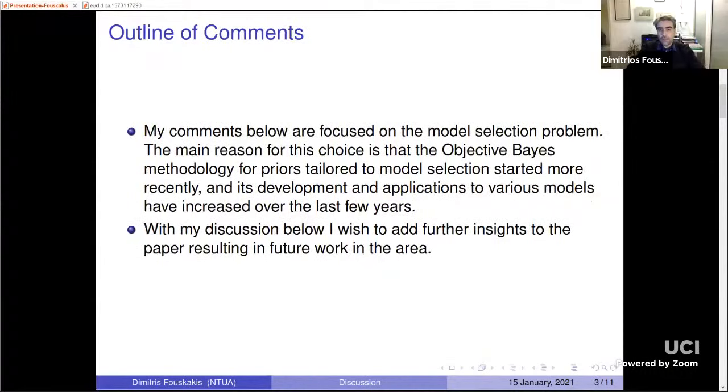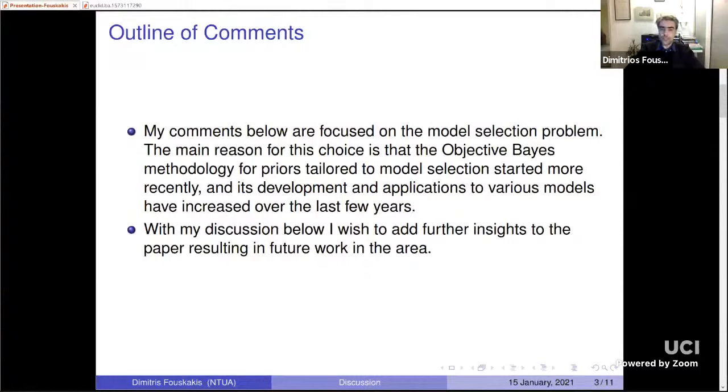Here is an outline of my comments, and my comments are mostly focused on the model selection problem. The main reason for this choice is that I believe that the objective Bayes community and methodology for priors started more recently, and its development and applications to various models have increased over the last few years, especially nowadays that we face multidimensional data and many models to be compared.